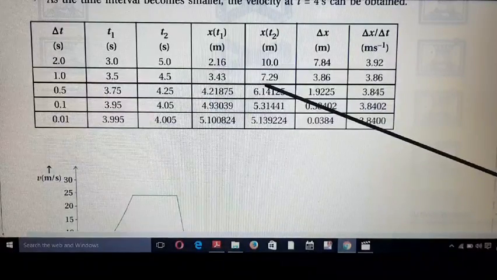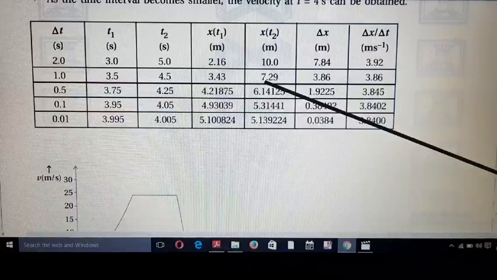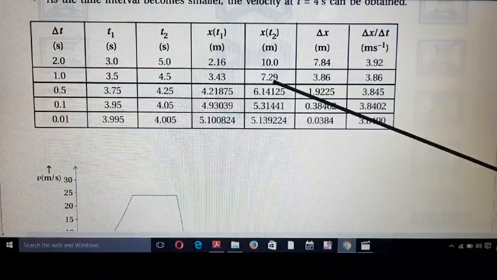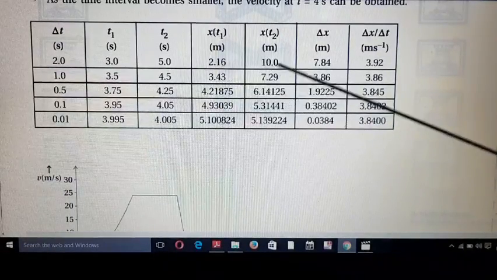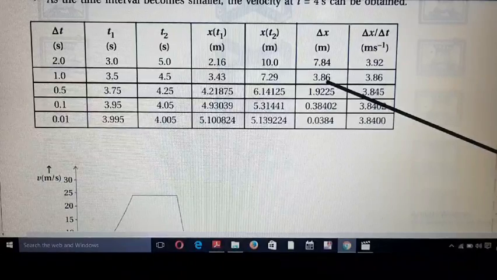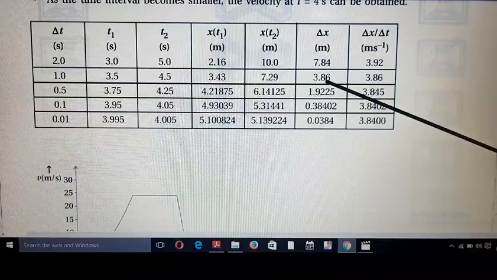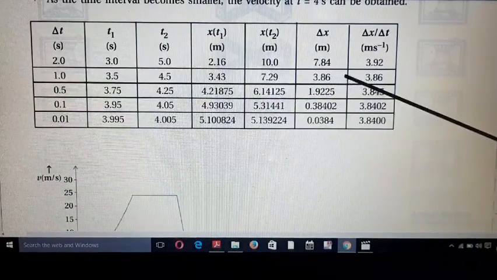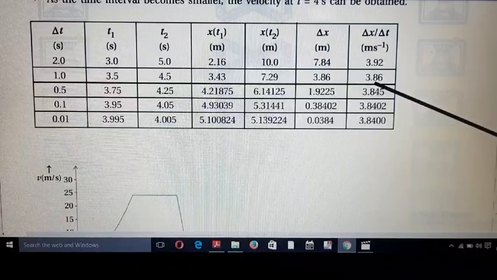Delta x is 7.29 minus 3.43, which is 3.86, divided by delta t equal to 1. So our answer is 3.86.